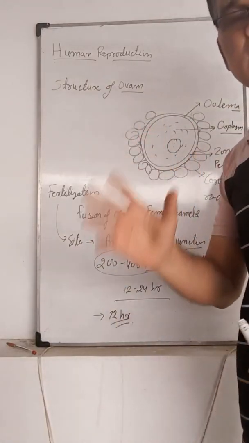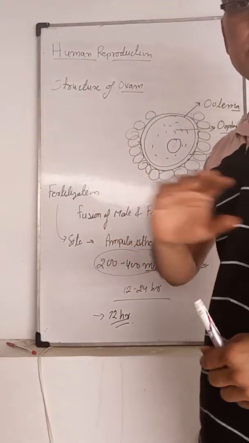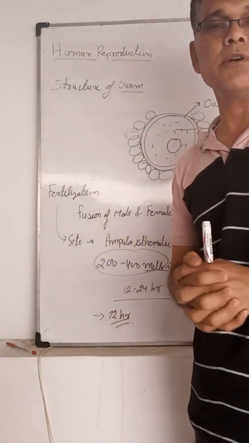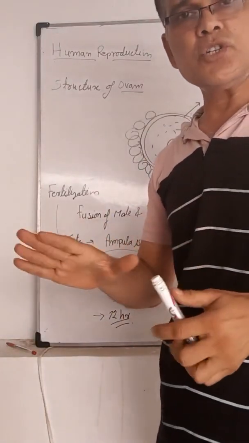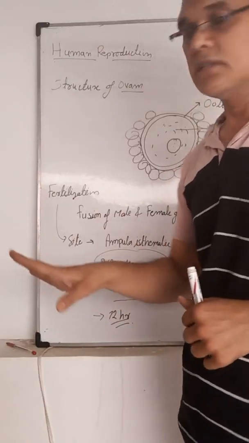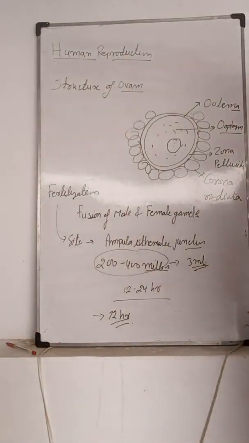But fertilization is required within 24 hours. If fertilization does not occur within 24 hours after ovulation, the ovum will not survive and fertilization will not take place.